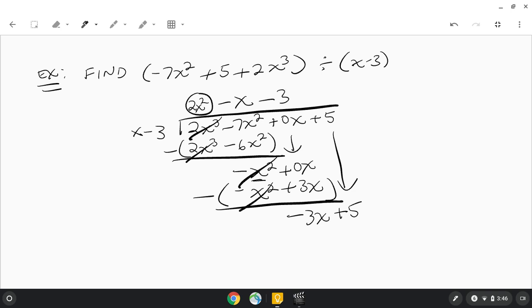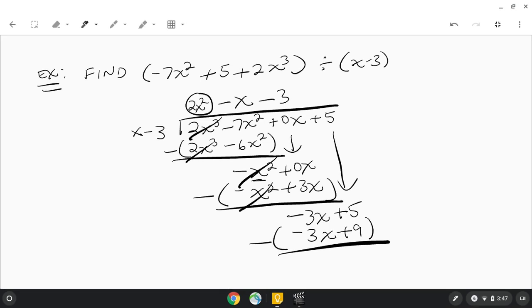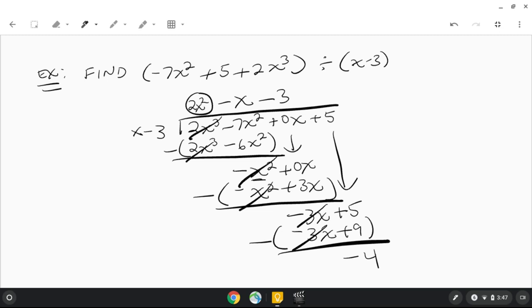Let's distribute that negative 3. I get negative 3x, and negative 3 times negative 3 is plus 9. Let's subtract this. These cancel. That becomes negative 9 plus 5, which is negative 4. And that's our remainder.